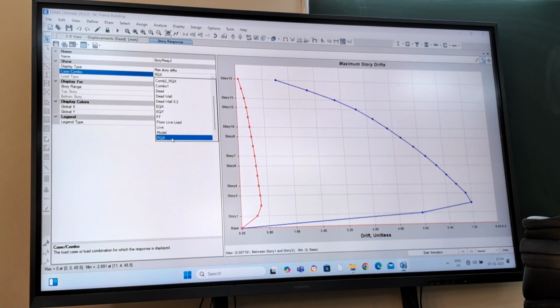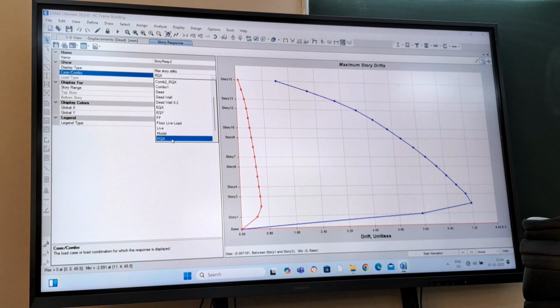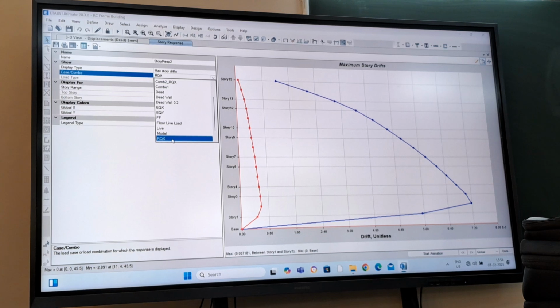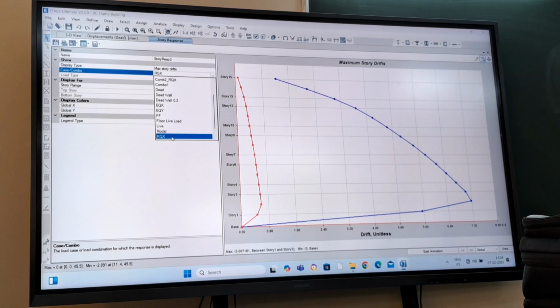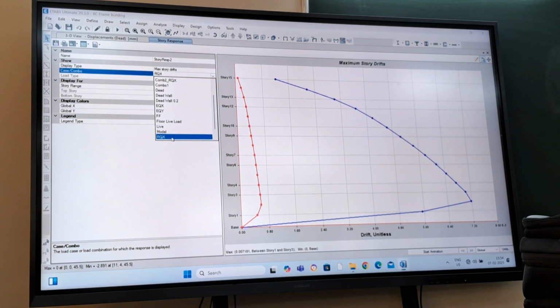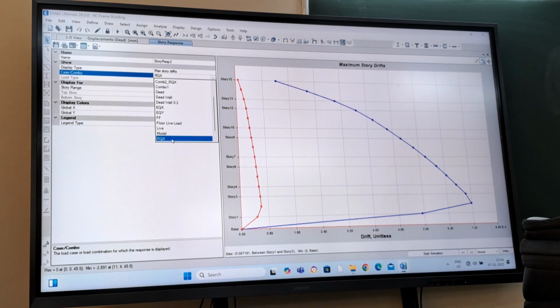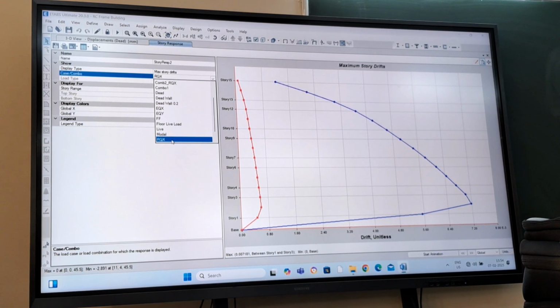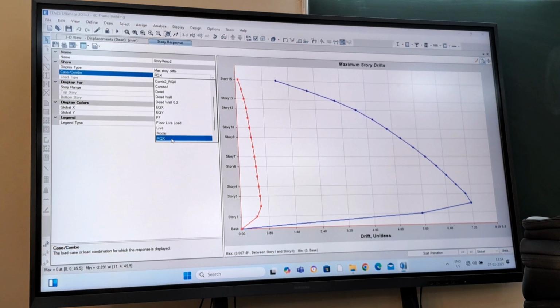Why am I not adding this? The gravity load direction will be vertical. It will not contribute significantly to lateral load. But you have to use that also. So what you do, you make one combination: dead load plus live load plus earthquake load without considering the factors. So you have to check this for that load case.